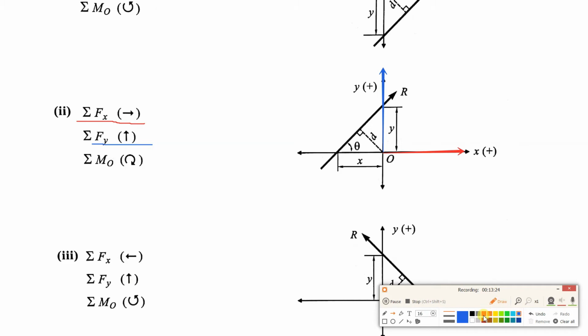Then observe the direction of moment. What is the direction of moment? It is clockwise. So you can show over here the direction of moment which is clockwise. So suppose this is that moment, summation of moment about point O. Now according to this plotting which we have done, x and y axis, the resultant will lie in which quadrant? It will lie in first quadrant. So this is the resultant.